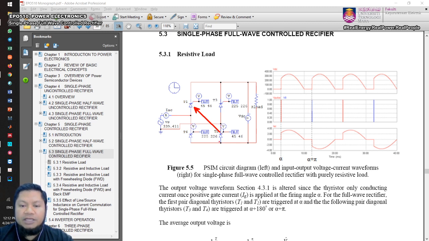We have T1 and T2 as the first diagonal pair of switches, and then we have another pair, T3 and T4.